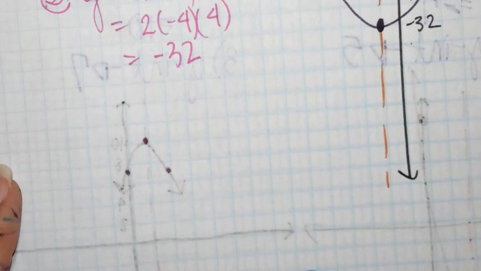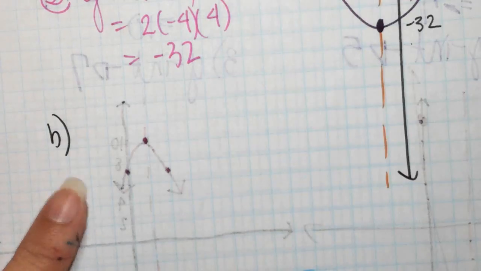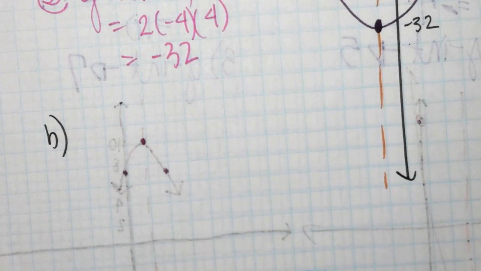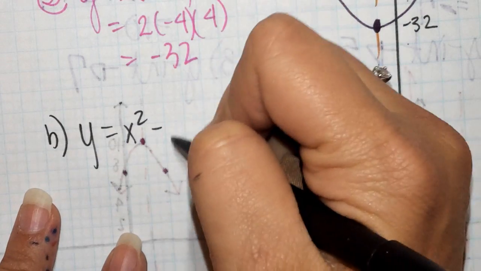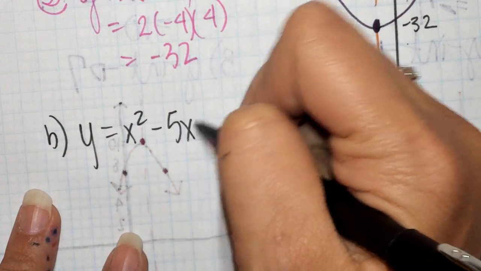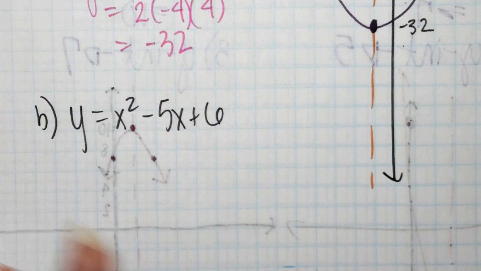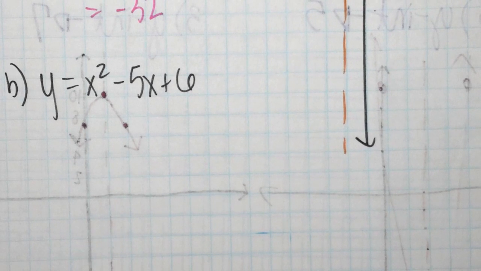All right, ready for the next one? So if I said that y equaled x squared minus 5x plus 6, and I wanted you to solve by graphing, that means you need your x-intercepts. Well, we know how to find our x-intercepts because that's what we just did.